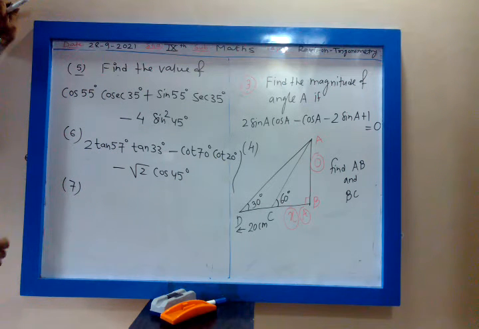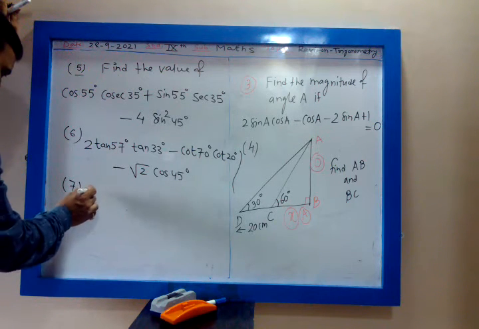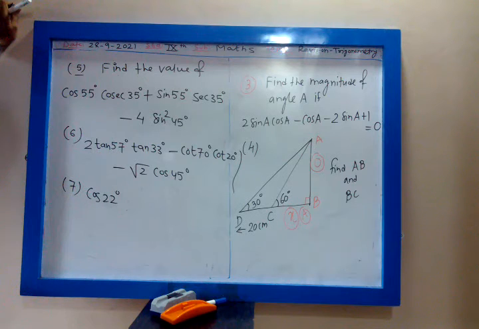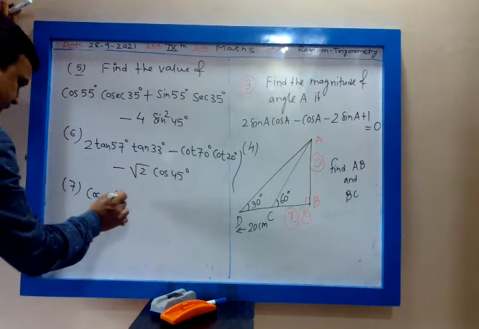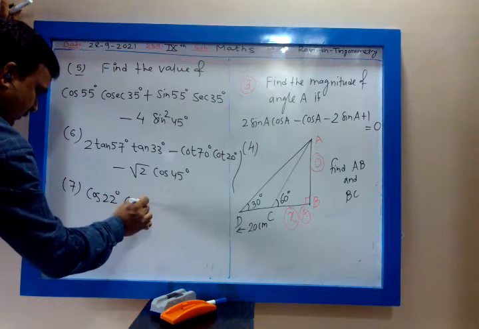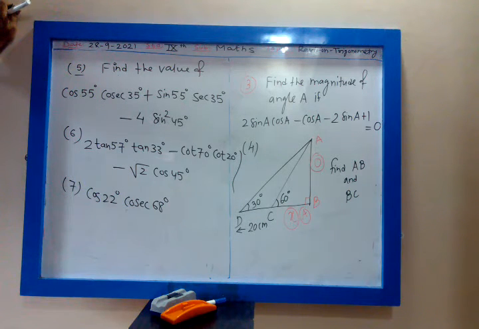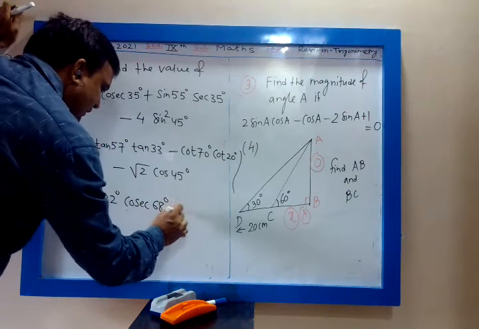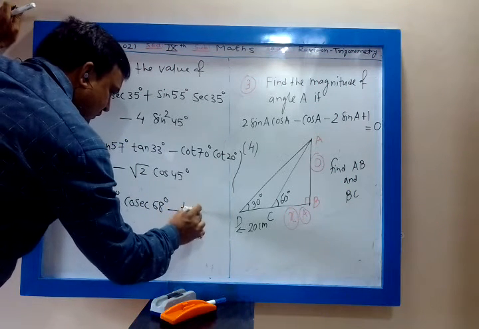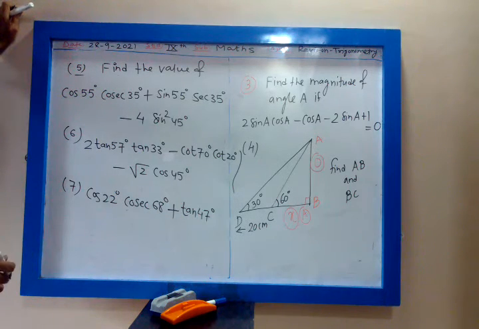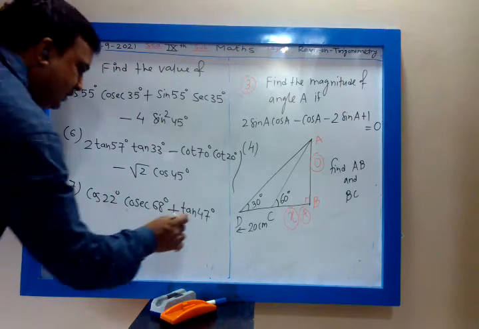Cos 22 degree into cosec 68 degree minus, sorry, plus tan 47 degree into tan 43 degree.